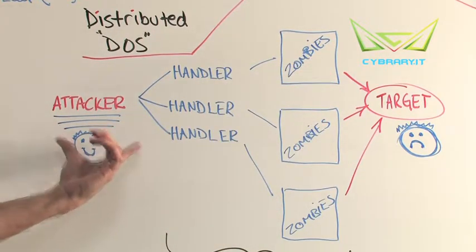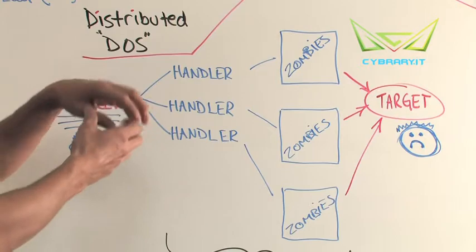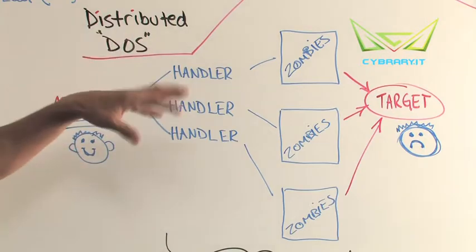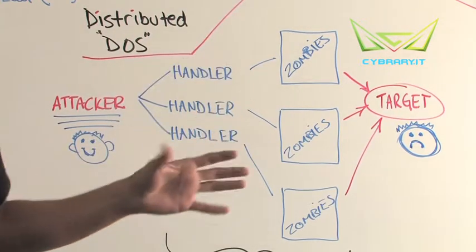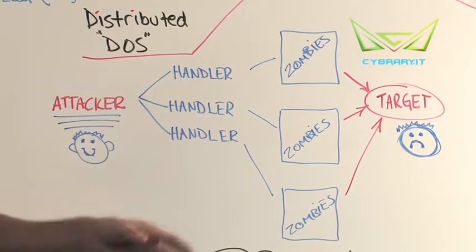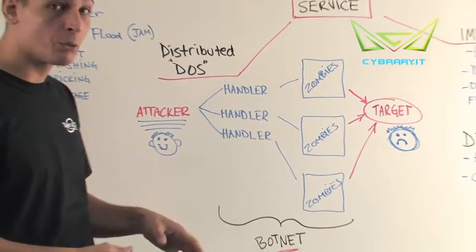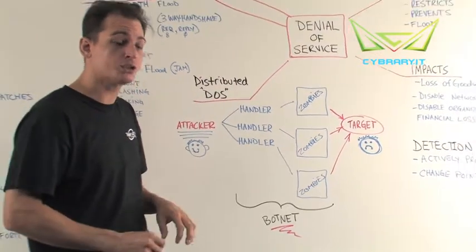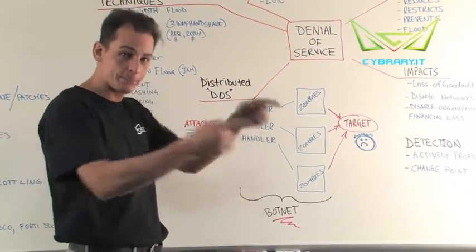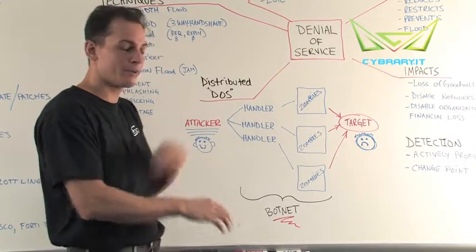So the sole job of the attacker is to get a handful of handlers, which will then create as many zombies out there as we possibly can get. The more the merrier. This is where you really want to invite 10 million of your closest friends to go attack a particular target, through whatever technique.